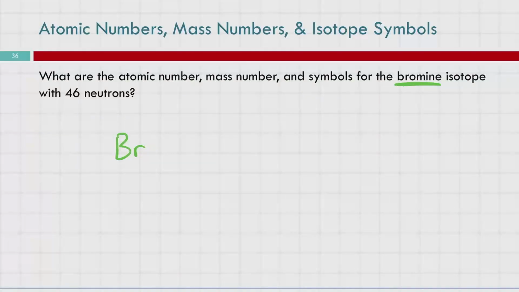So we've got bromine, and what's that number in the top right for bromine? It's got 35. And is that the atomic number or the mass number? It's the atomic number. So its atomic number is 35, and that's the number of protons.